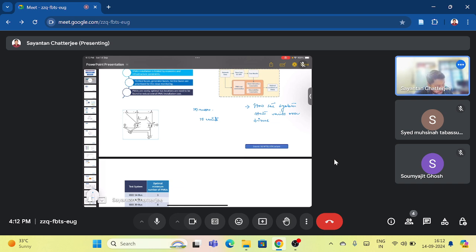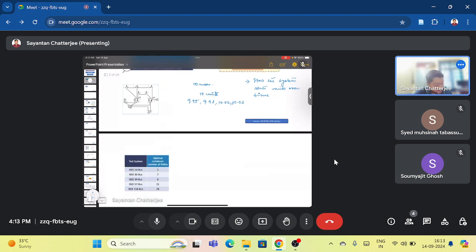For this 10, sometimes the meter reading would be like 9.95, 9.98, and sometimes it can be more than 10, 10.02, 10.08, etc. So what we can understand is that if we take an aggregate of all these meter readings, the average of these values would be nearing 10.